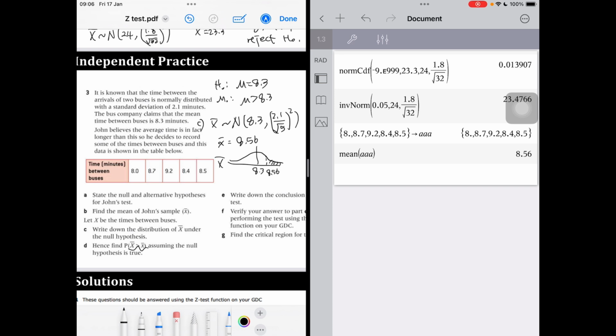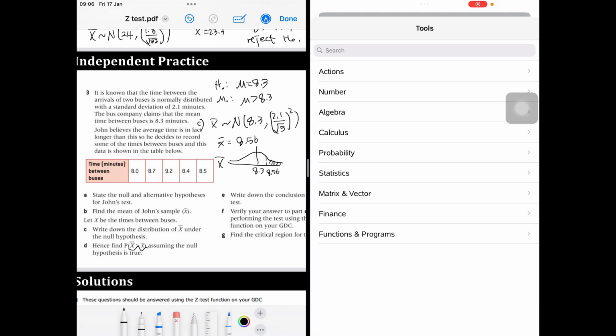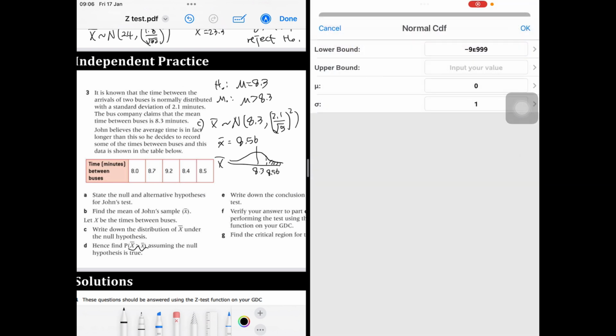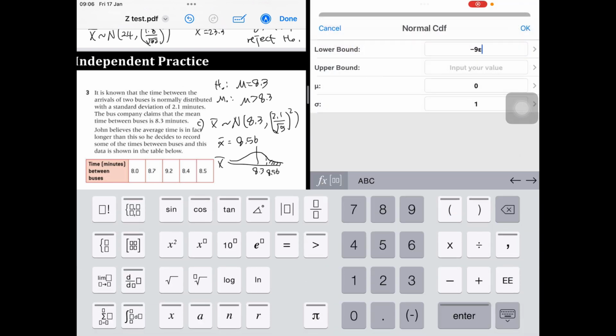So we go for statistics, distribution, normal CDF, lower bound 8.56, upper 9999, mu 8.3 and 2.1 over square root 5.